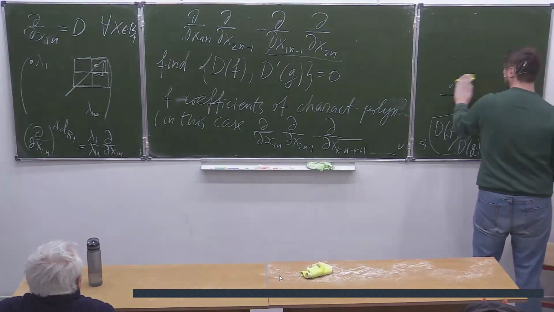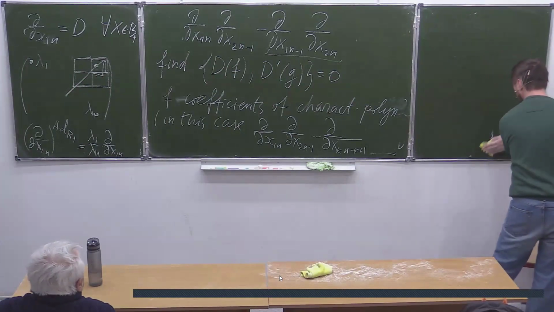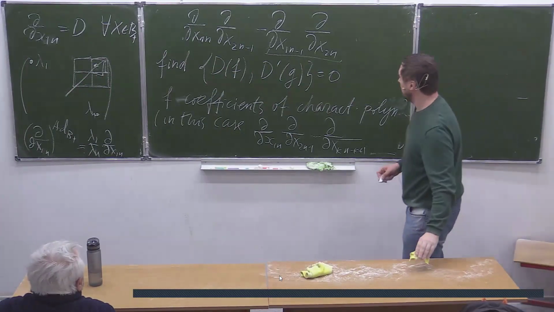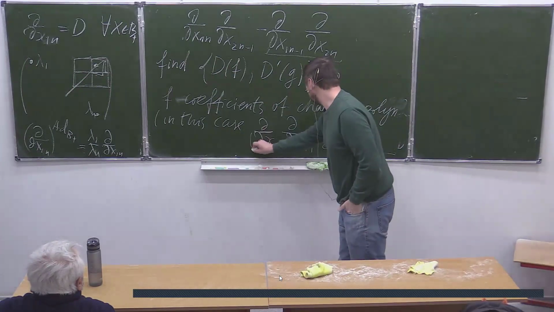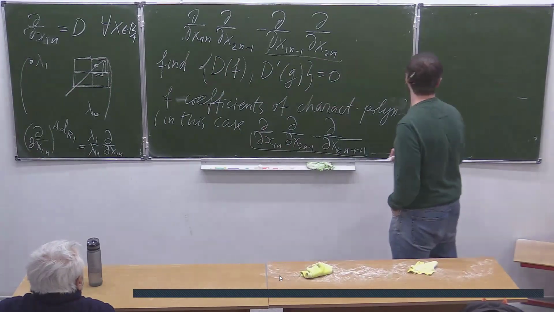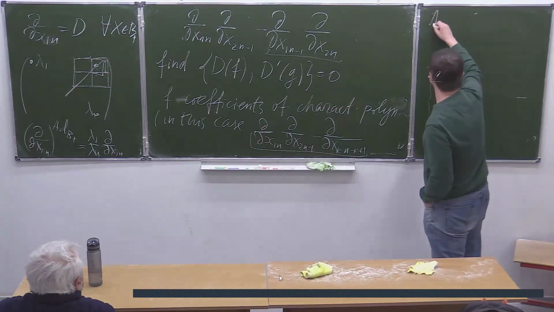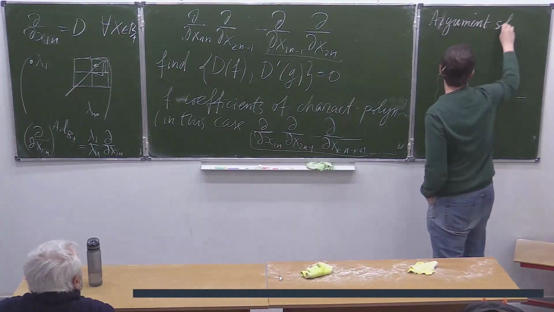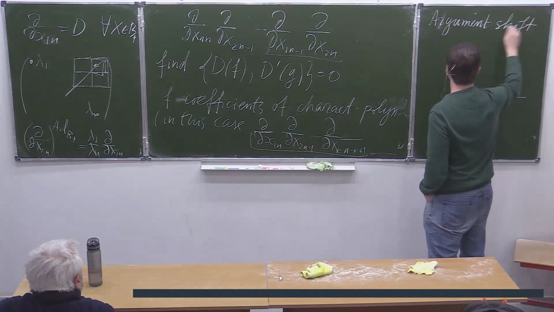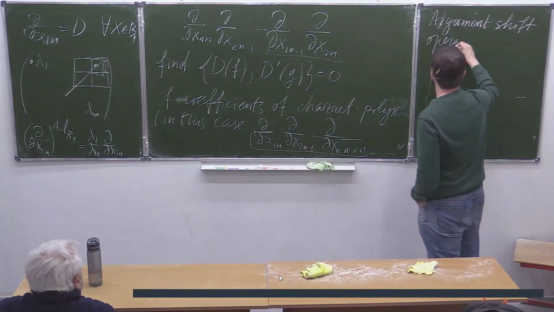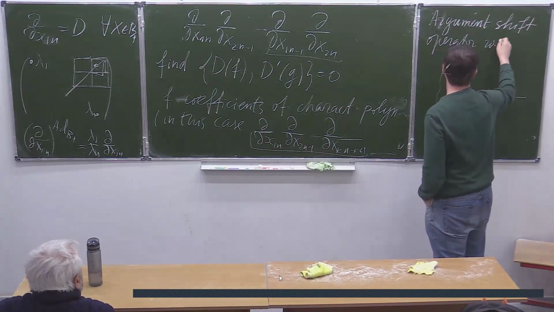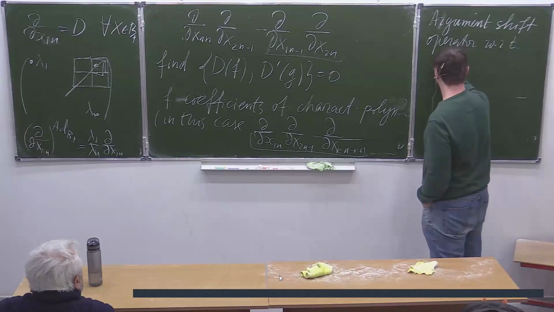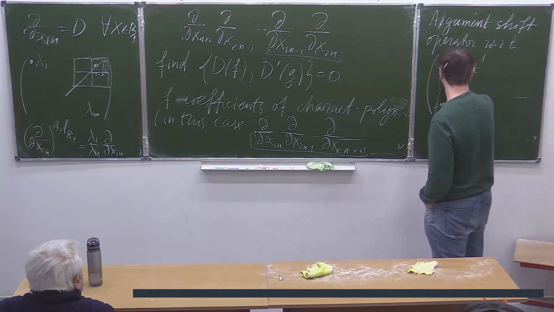And they will commute because these operators appear from the argument shift operator with respect to the matrix 1 t square t^{n-1}.